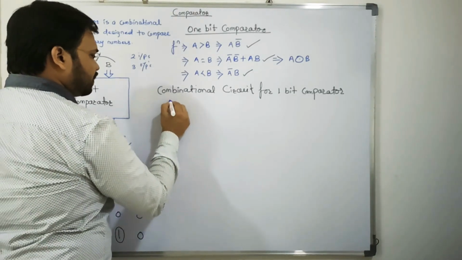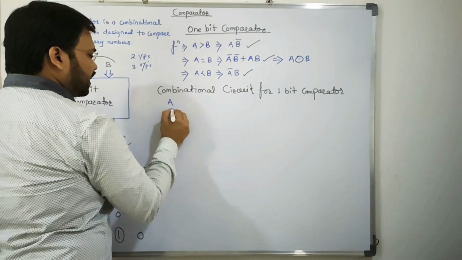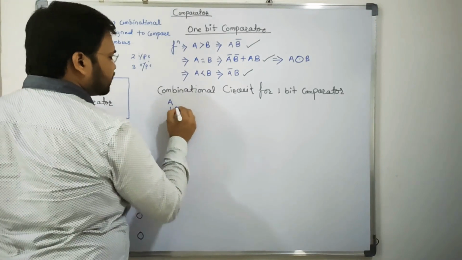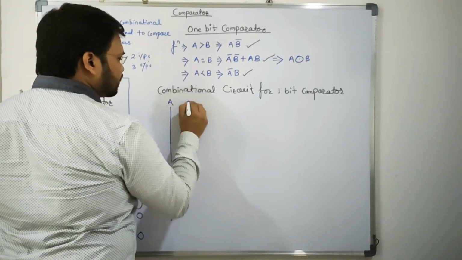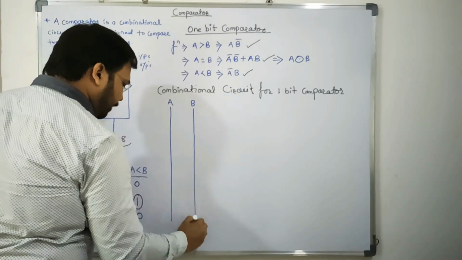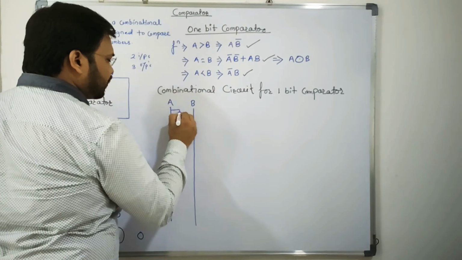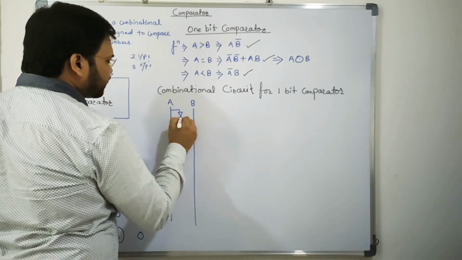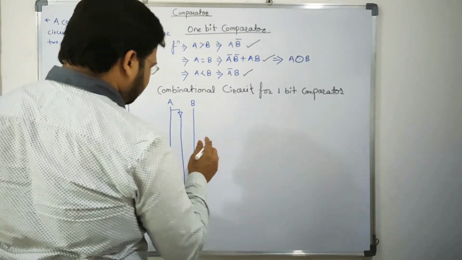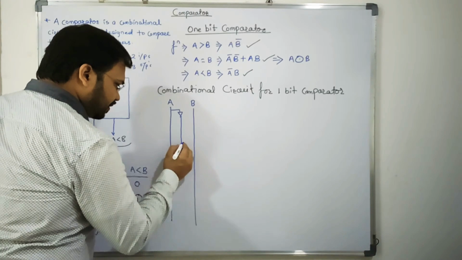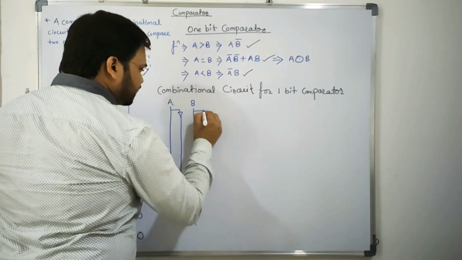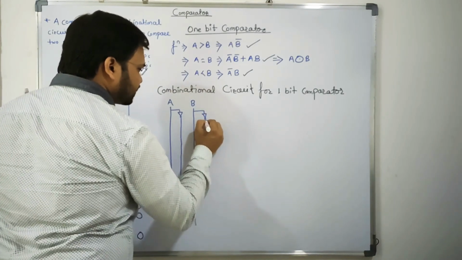First we draw the input line for A, and next the input line for B. Then the inverter for A, that is A complement, and next the inverter for B, that is B complement.